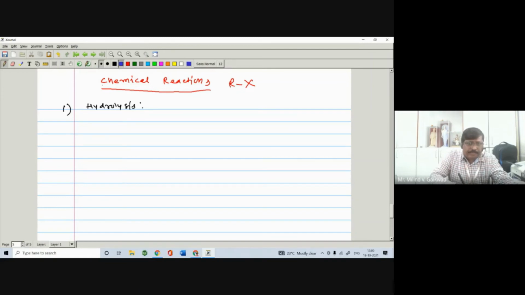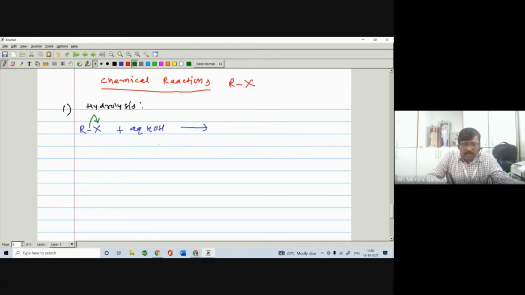So RX, in general an alkyl halide, when it reacts with aqueous KOH, this is the nucleophilic substitution reaction. The X is a halogen, which is more electronegative as compared to carbon. The sigma bond opens on X, giving X negative and R positive.